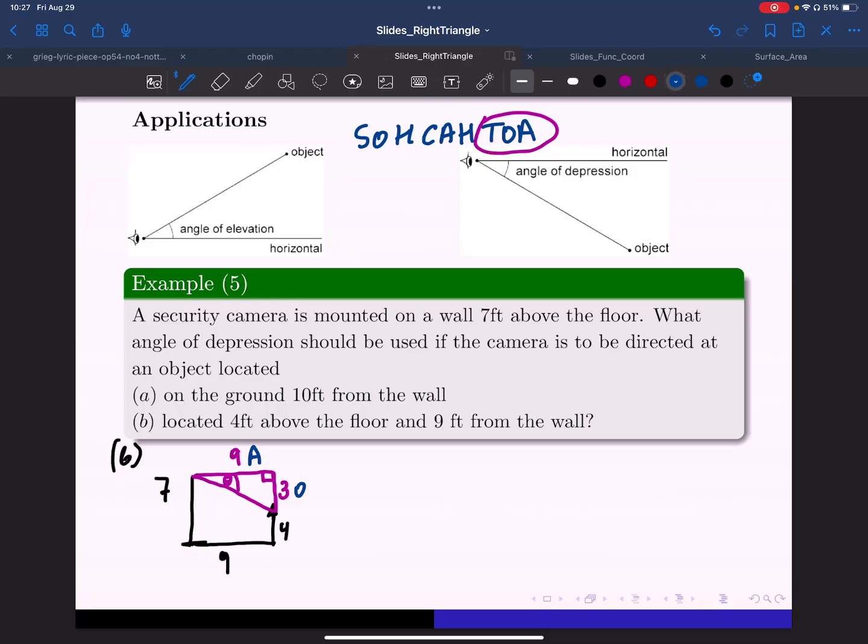So again, we're using tangent. It's opposite over adjacent. So tangent theta is equal to 3 over 9. 3 over 9 is 1/3 or 0.333. So to find theta, we will take tangent inverse of 3 over 9.